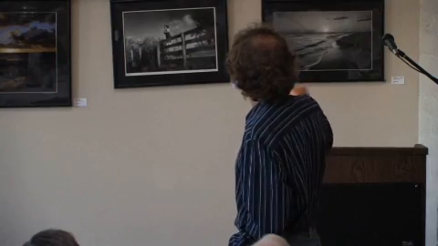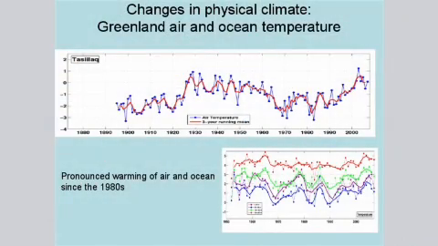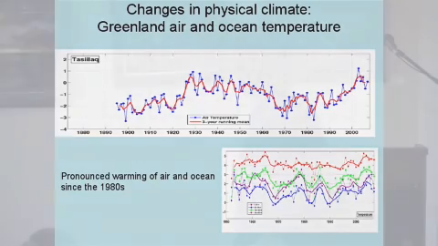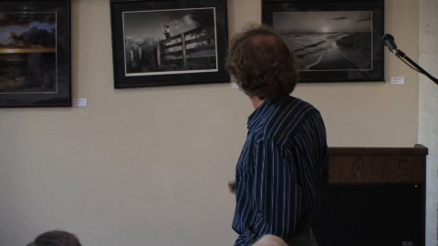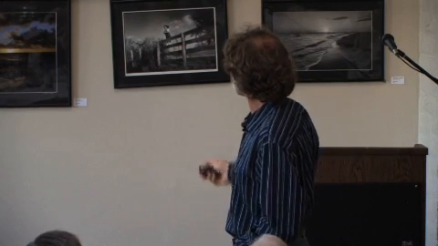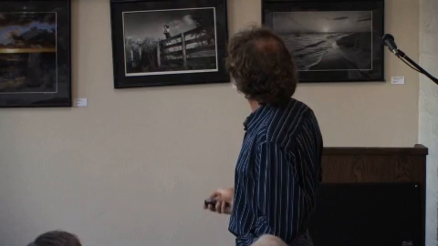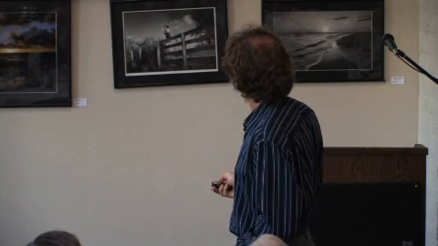This is in a time when the ice sheet was close to balance, and we've seen a rapid warming since then, about 2 to 3 degrees. The one below here represents the temperature of the ocean at different depths. Different colors represent different depths, but we have the same thing. The ocean more or less follows what the air temperature is doing, and we've experienced pronounced warming of air and the ocean in Greenland since the 1980s.